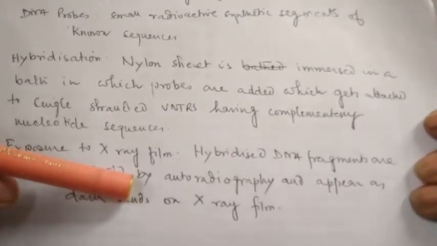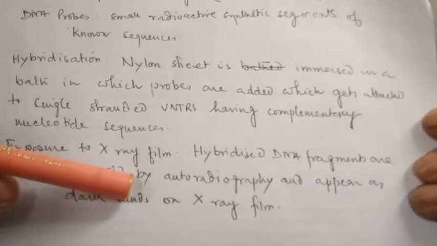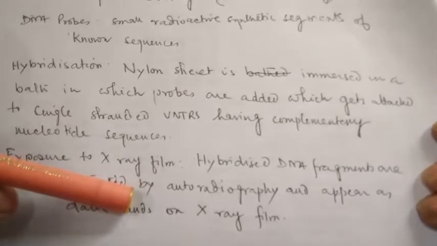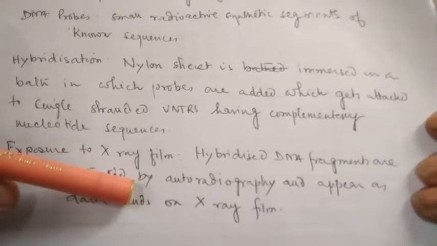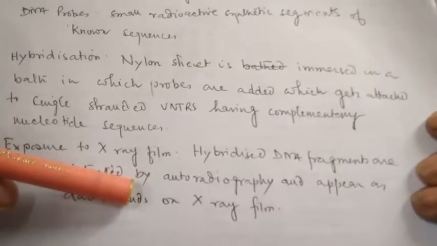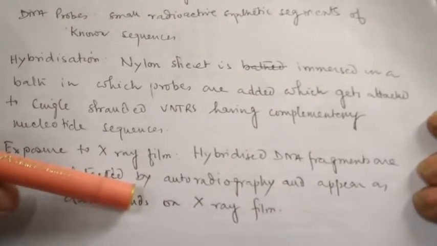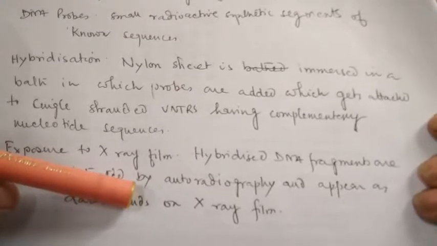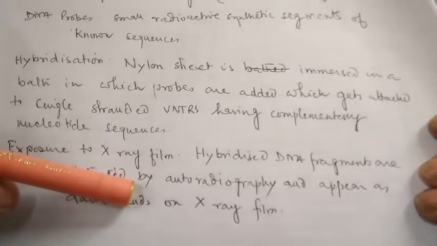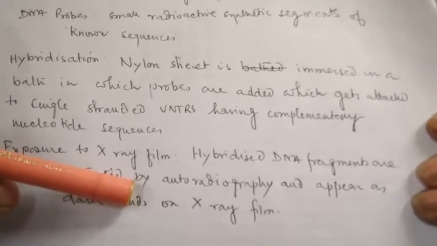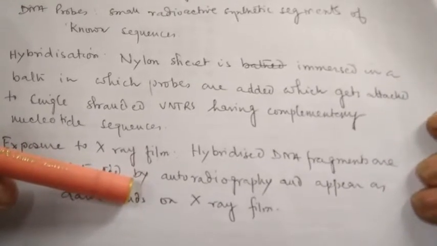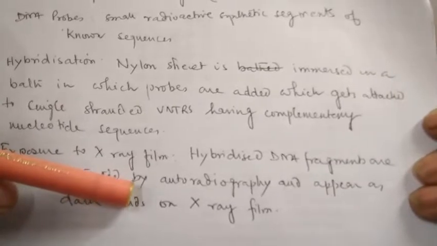But when the person we get the cell from is the actual criminal, and we match that with the probe, that means with the cells we got from the site of the crime, then the VNTRs will hybridize, because they have the same VNTRs, so the same complementary bases.